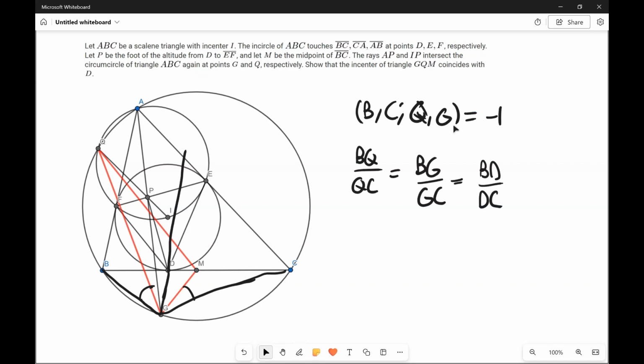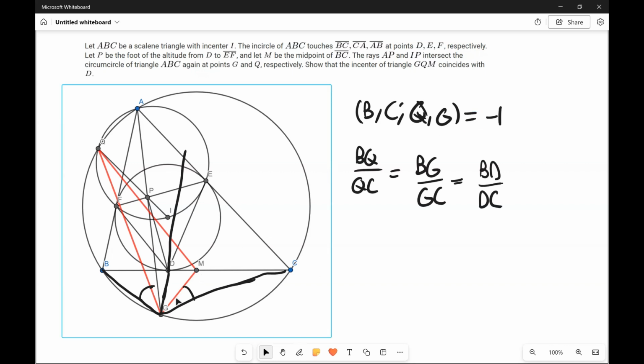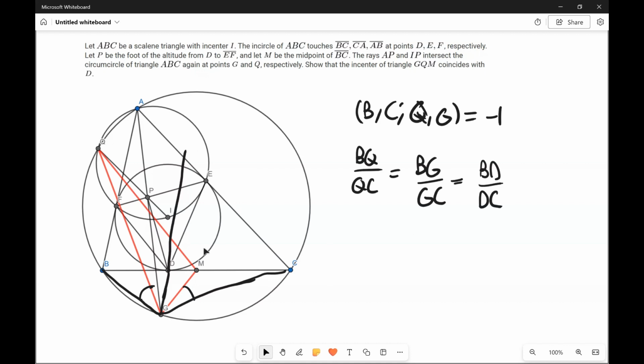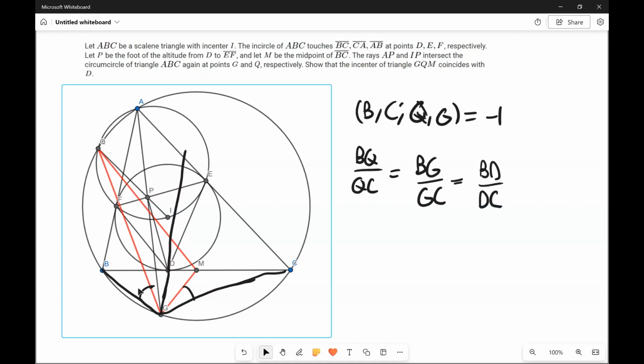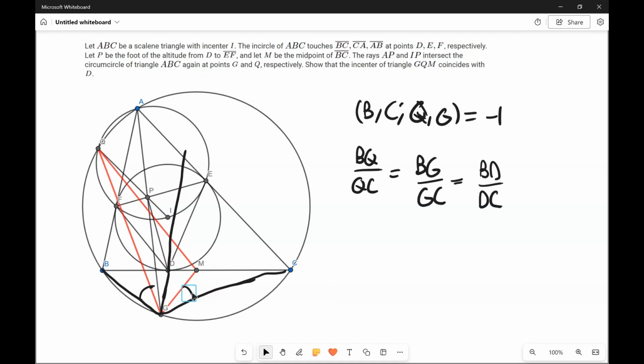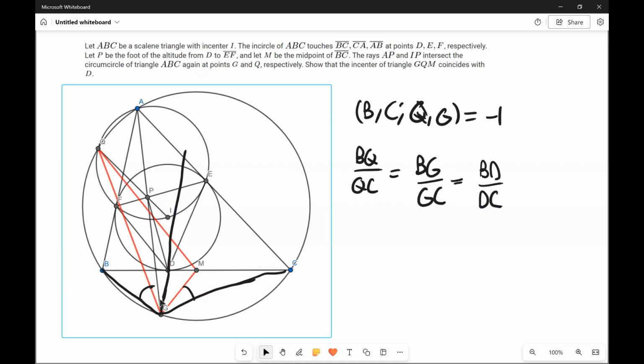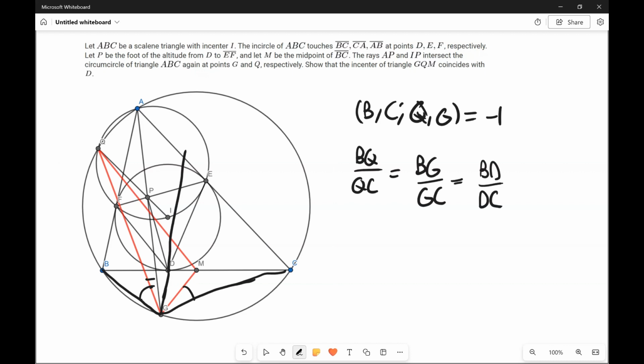We keep using this fact, and therefore GQ is the symmedian of the triangle. And this implies that these two angles are equal, and since angle BGD is equal to angle CGD, that implies that these two angles in here are equal. And since we also know that these two angles are equal, that implies that D is the incenter.